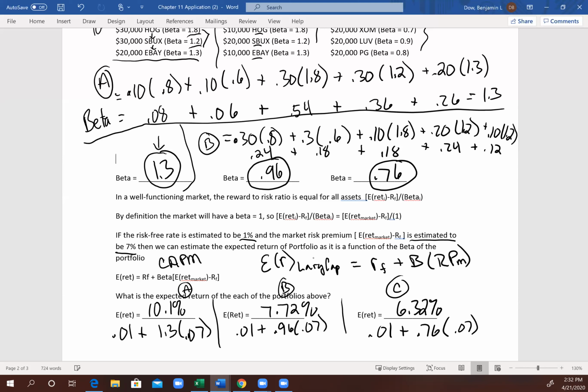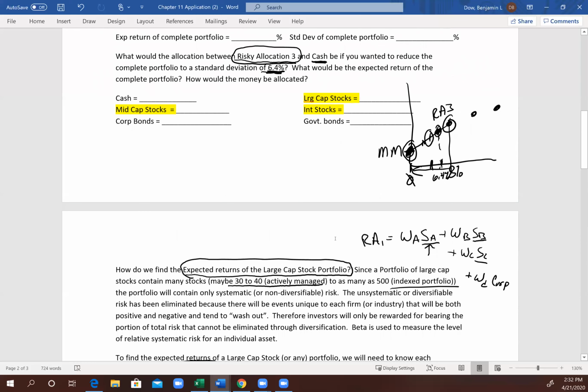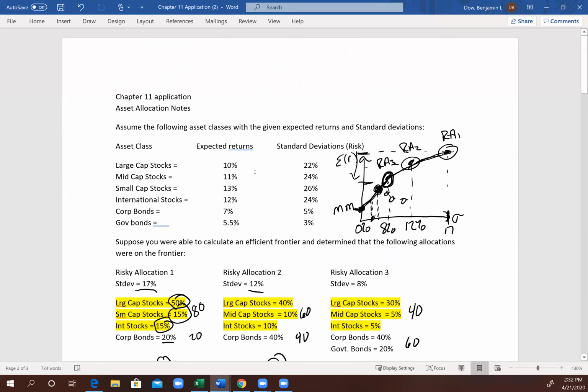Okay. So again, everything's going to be a function. What your asset allocation suggests, is even though we're suggesting some allocation, the large cap stock with an expected return of 10 and a standard deviation of 22 really depends on which large cap stock mutual fund you pick. Are you going to pick one that's high beta or low beta?